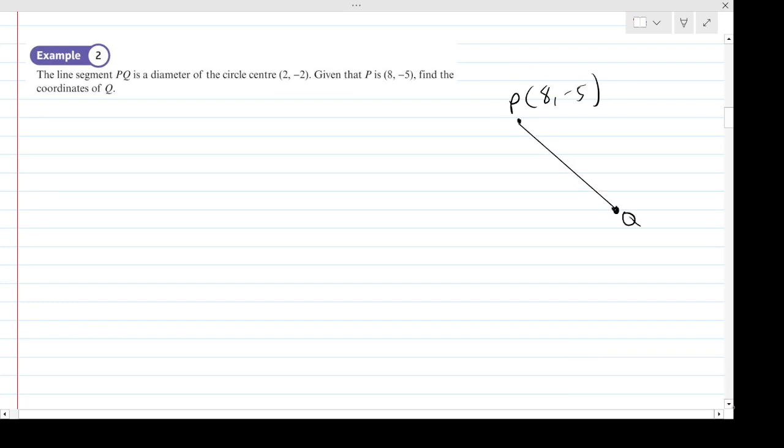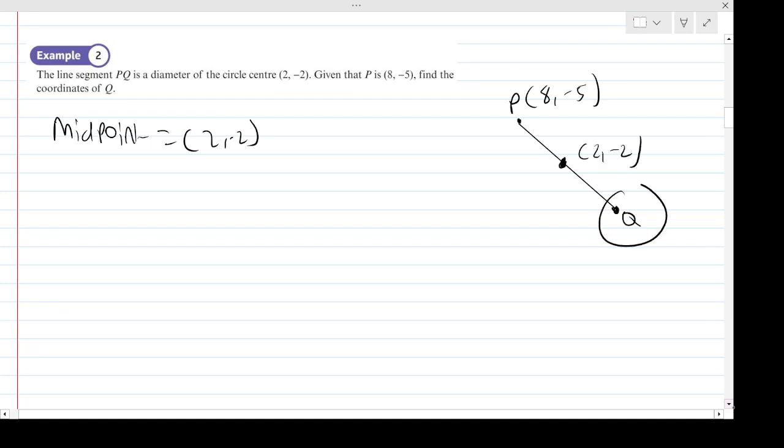We don't know what Q is, but we are told that PQ is a diameter of a circle, and its centre is (2, -2). Well, that means that the midpoint is (2, -2), right? Because it's a diameter, the middle of the diameter is the midpoint, but also the centre. Okay. So that's (2, -2).